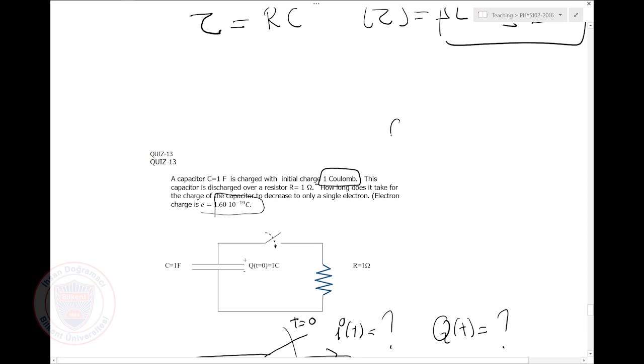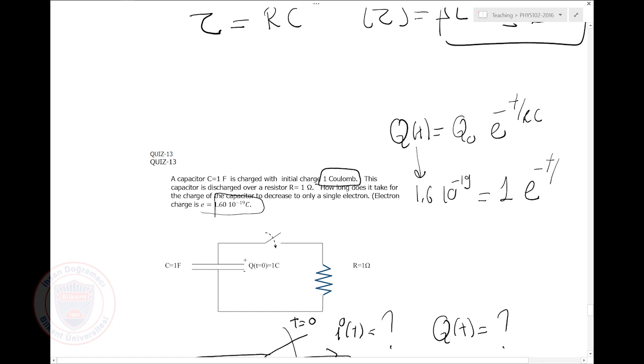So the only thing I actually have to use is Q of t is q0 e to minus t over RC. What is the charge I'm looking for? 1.6 10 to minus 19 coulombs. Q0 is 1 coulomb. R is 1 ohm. Capacitance is 1 farad, so this is 1 second.